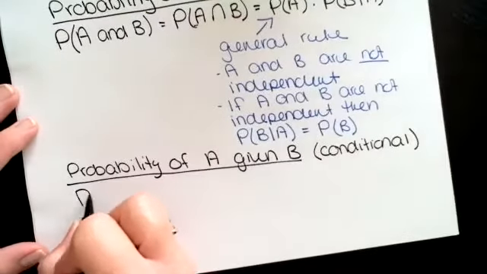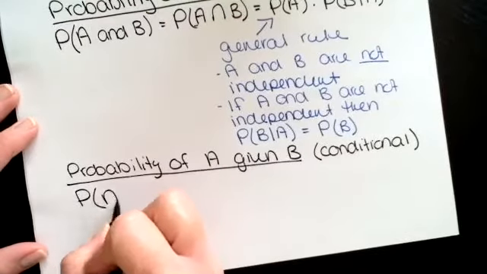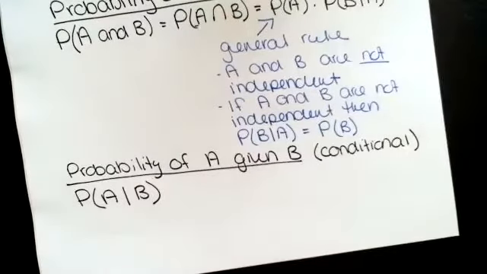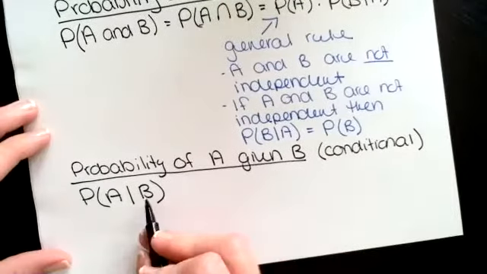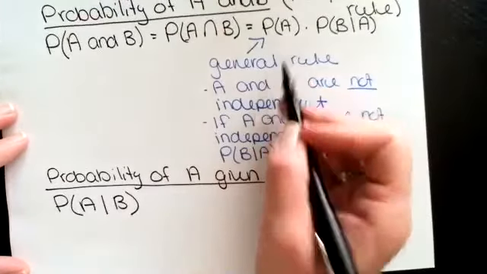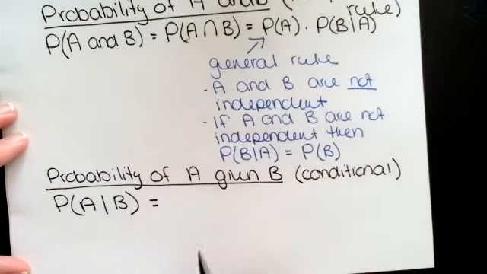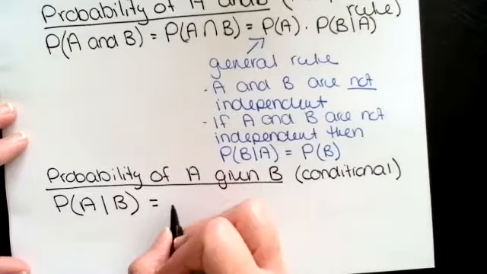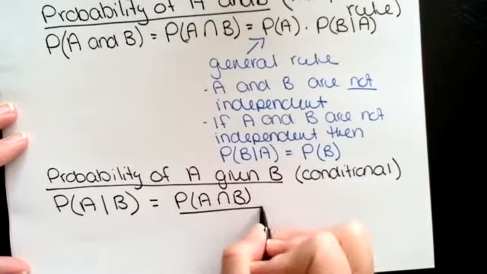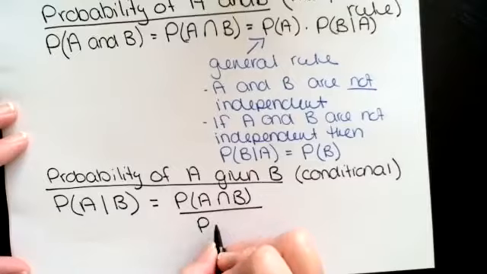So here, like we already talked about the notation, probability of A with a vertical line B just says A given B here. And this formula is going to be this multiplication rule just moved around. So this here is going to be the probability of A and B divided by the probability of B.